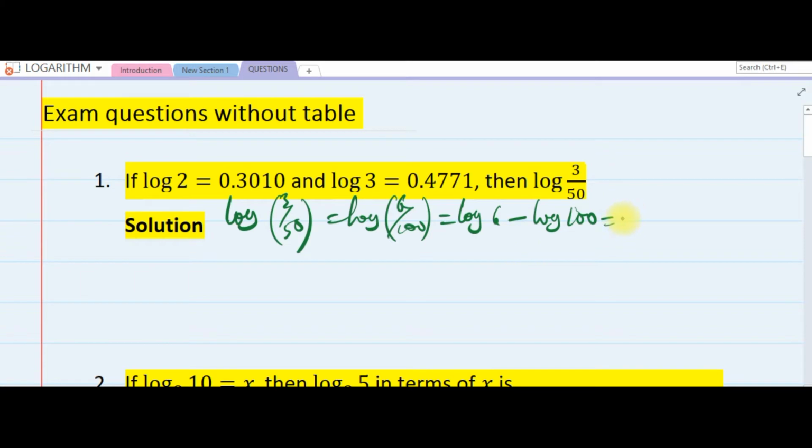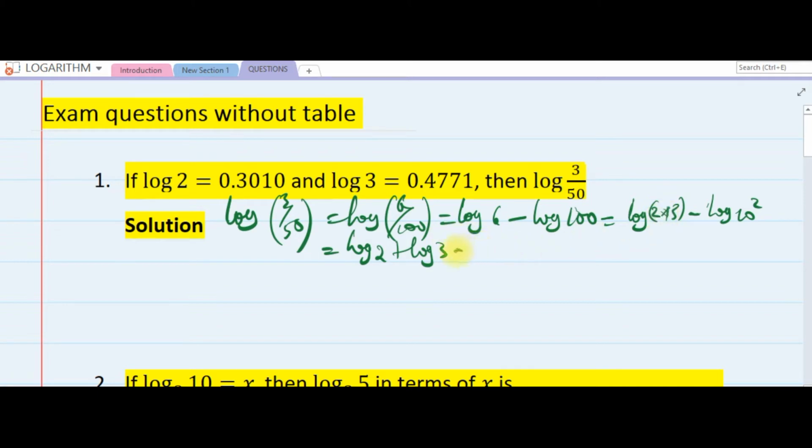And log 6 is log of 2 times 3, while log 100 is log 10 squared. So applying the law, log of 2 times 3 is now log 2 plus log 3. Remember the first law: multiplication, addition.